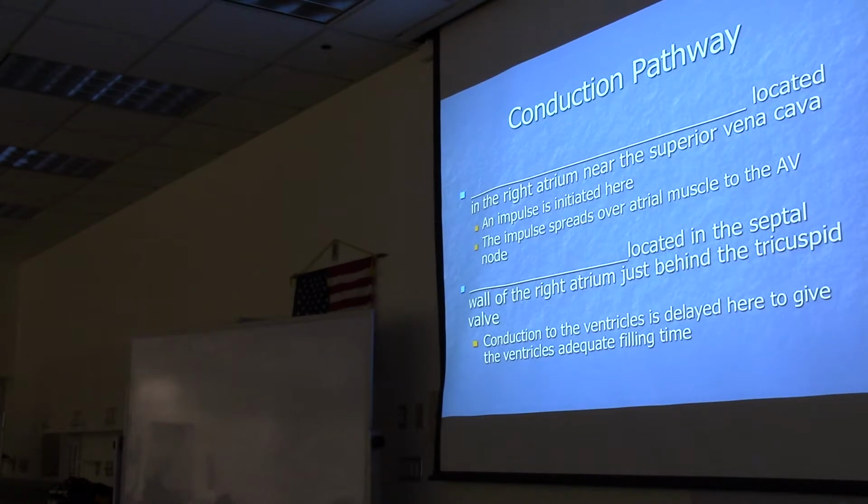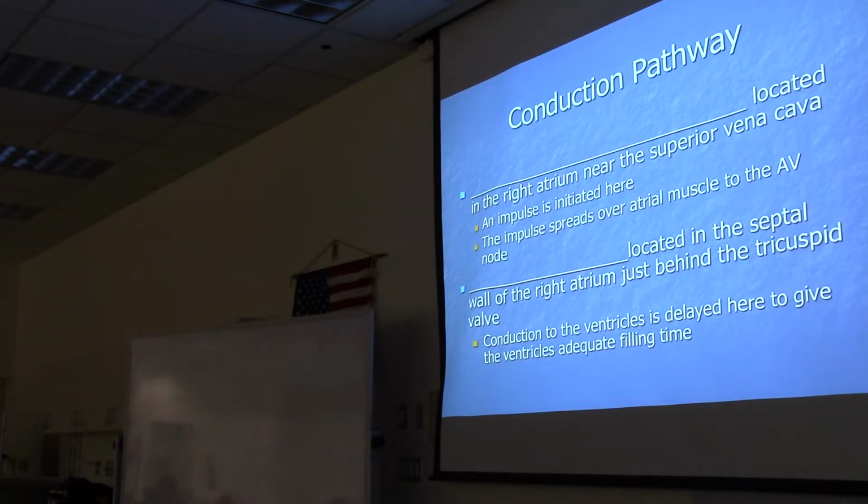And S and A stand for sinoatrial node. It's located in the right atrium near the superior vena cava. An impulse is initiated here. So this is where a normal impulse begins. Then the impulse will spread over the atrial muscle to the AV node.